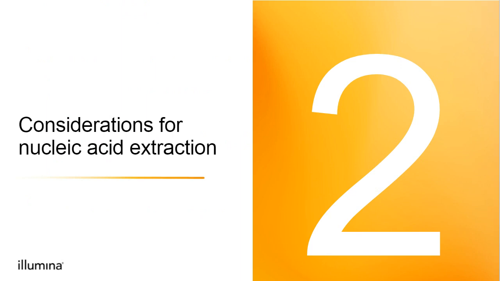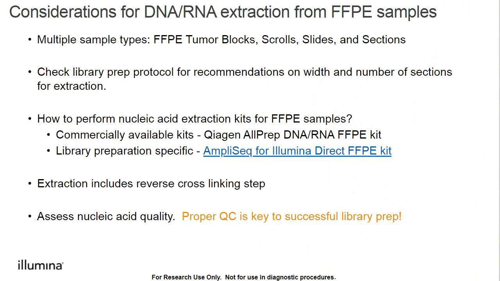So let's talk about the considerations for our nucleic acid extraction. We have a lot of different FFPE sample types. We can have blocks, scrolls, slides, or sections. First, we'll want to check the library prep kit documentation. Whatever kit you decide to use for sequencing, definitely consult that reference guide because there may be recommendations about how much tissue we need for the extraction.